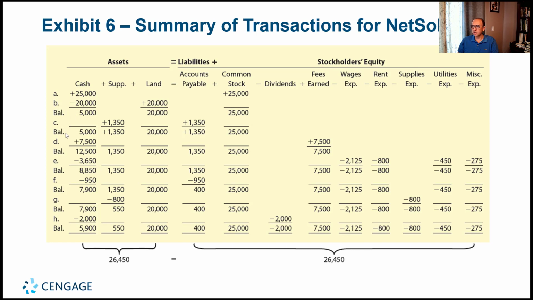Transaction C, we got the balance. And that's like a worksheet that would show you how the balances are working. The important thing about this worksheet, and I think in the homework you should try something like that, is that the balance on the asset side should equal the balance on the liabilities and stockholders' equity. So the accounting equation should always be balanced. That's a key thing based on the accounting equation.